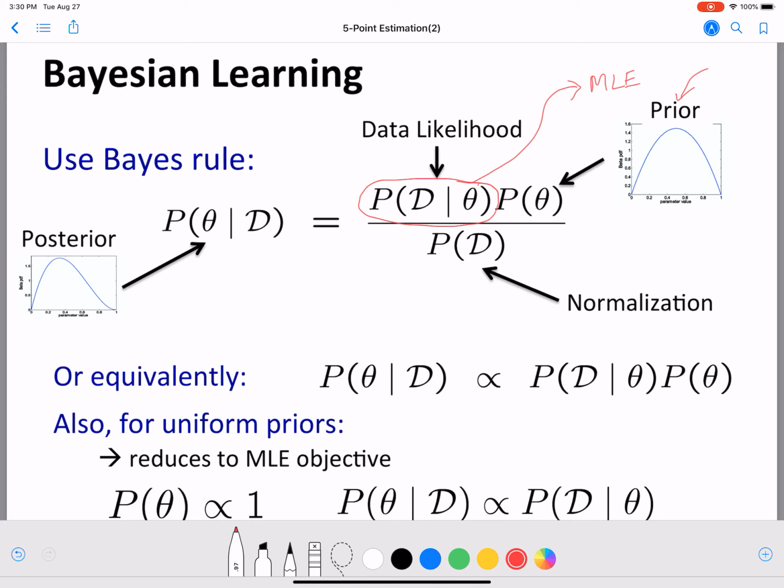Using the likelihood and the prior, we can arrive now at the posterior, which is a distribution over theta, which also considers D, which is our data instances.